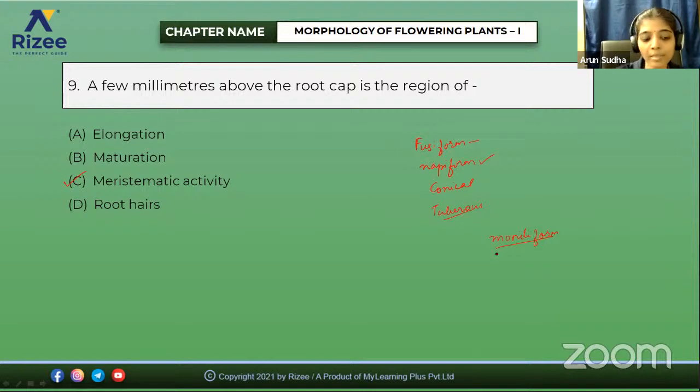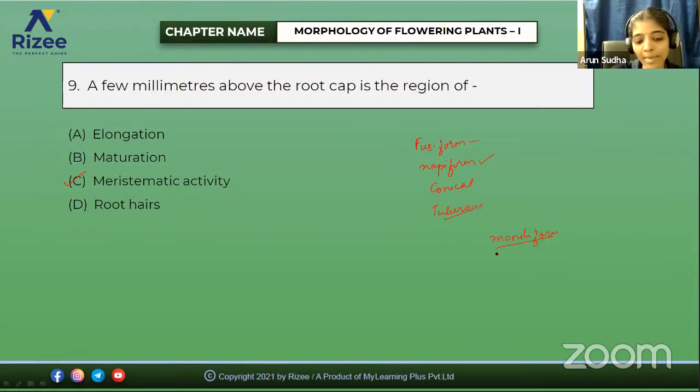The next question: massive aerial roots present in the banyan tree are fibrous roots, respiratory roots, epiphytic roots, or prop roots. Massive aerial roots present in the banyan tree are called prop roots. Yeah, good.